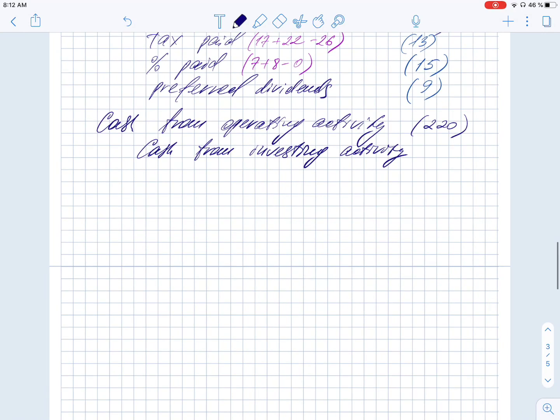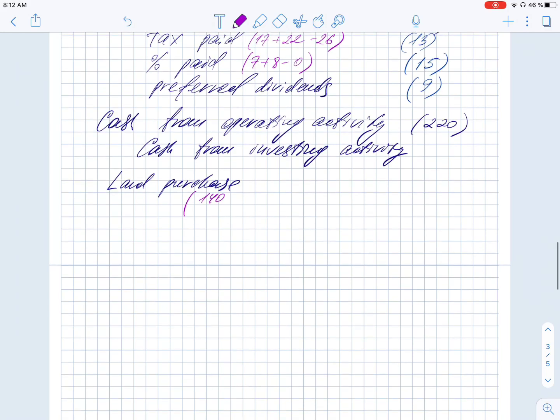We have already calculated the amount paid for the land purchased. If you remember, we used working space. So land purchase, I will show the calculations here one more time. The opening balance for land was 140. Land is the asset which should be depreciated. The land was revalued by 5 because we can see the increase in revaluation reserve.